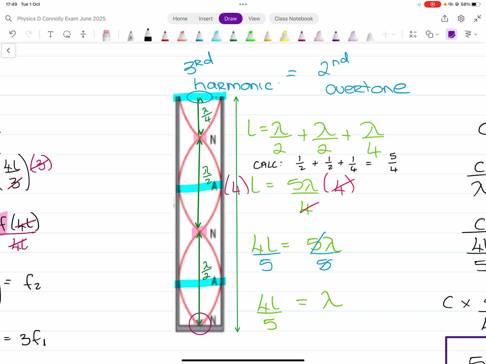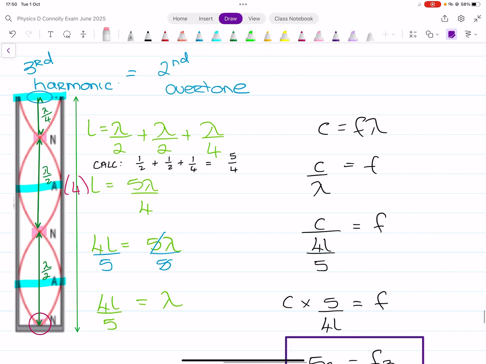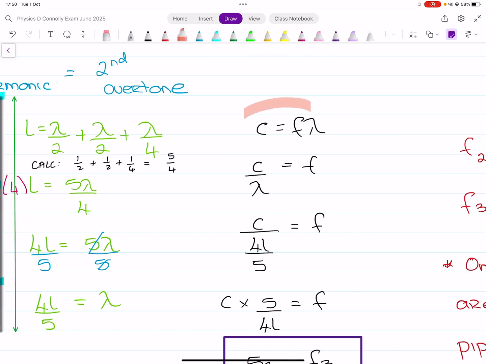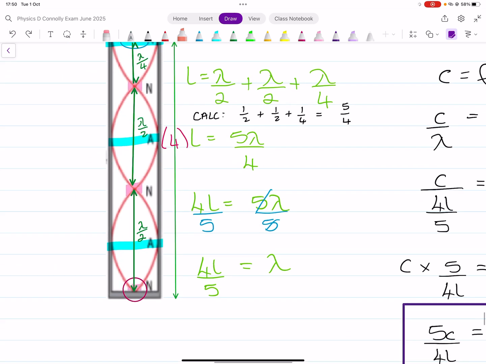Just don't forget to put the lambda back in. So that's what I have here. The length is 5 lambda over 4. I want to sub it in, so I need to isolate lambda. So I'm going to multiply by the 4 to get it to cancel, and multiply by the 4 over here. So 4L equals 5 lambda, and then divide by 5, and we get lambda is 4L over 5.